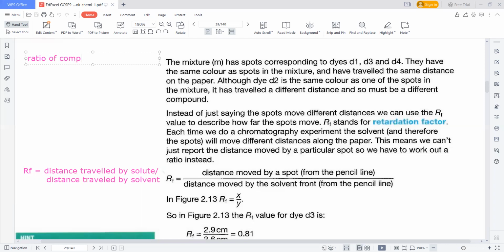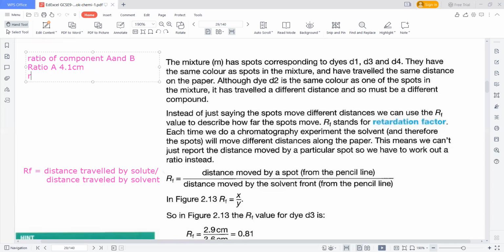When it comes to the ratio of component A and B, the distance for solute A would be 4.1 centimeter. You can take it.